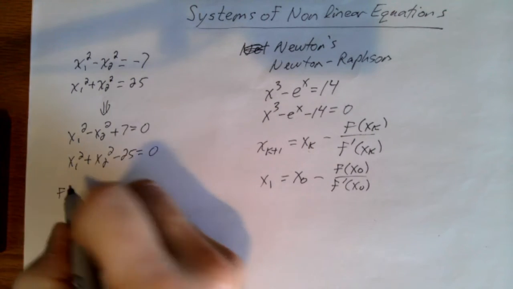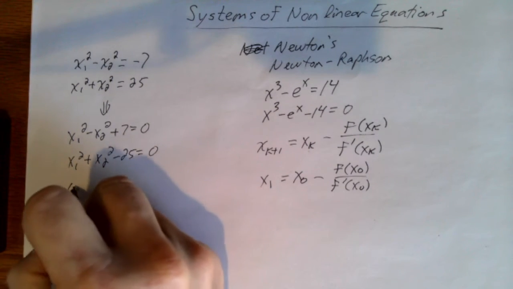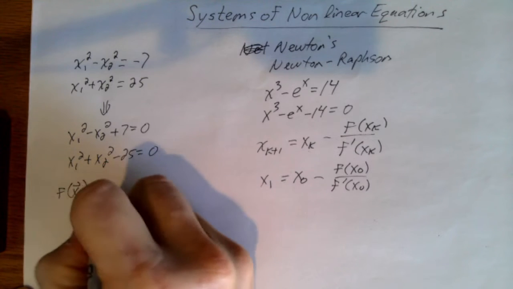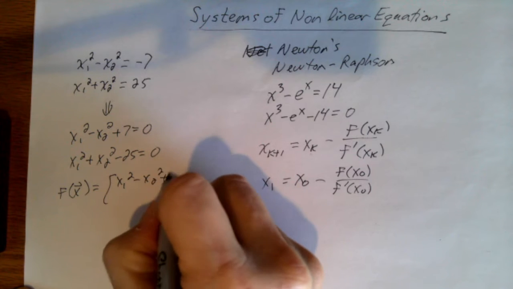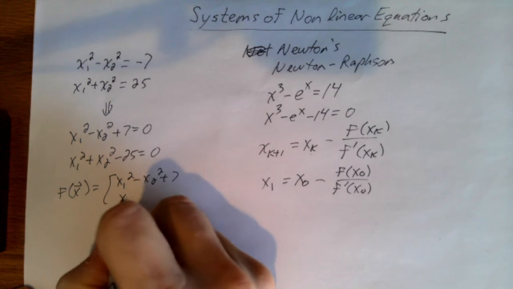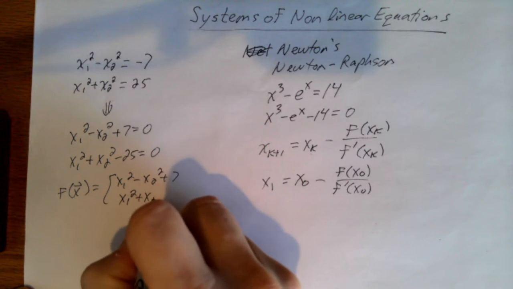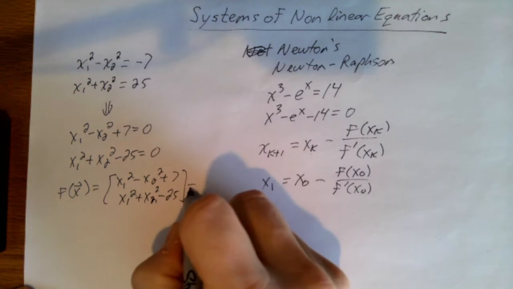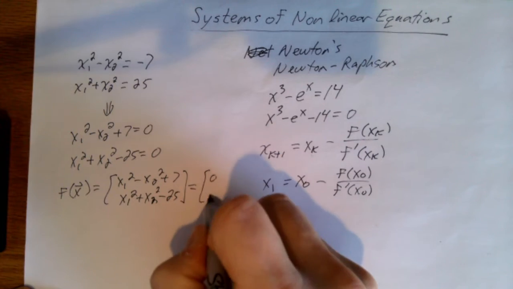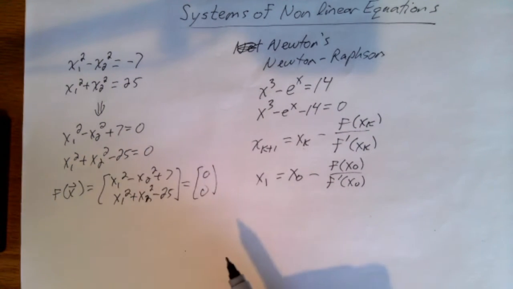We'll have f of x equal to x1 squared minus x2 squared plus 7, x1 squared plus x2 squared minus 25. This will be a vector. And this is equal to our 0, 0 to begin with.